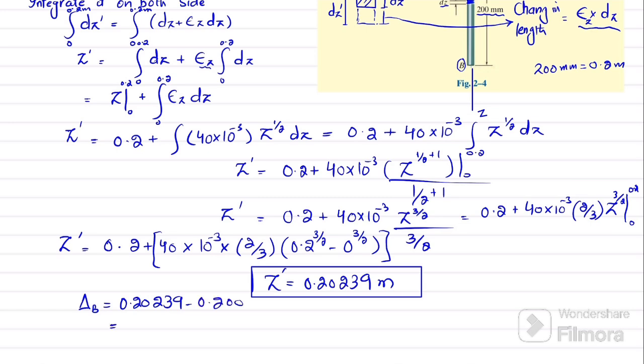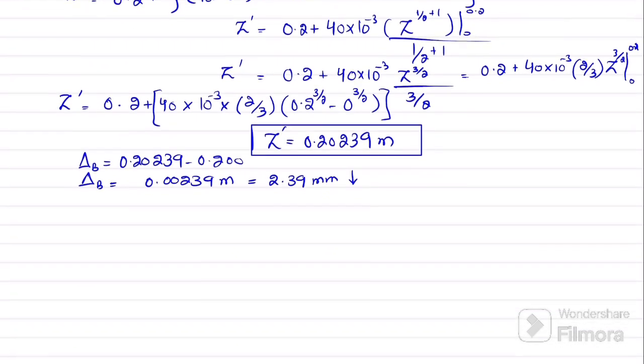So you will get 0.00239 meter. This is the displacement of point B, and in millimeter it will be 2.39 millimeter, and this displacement will be downward. So this is the displacement of point B of the rod.